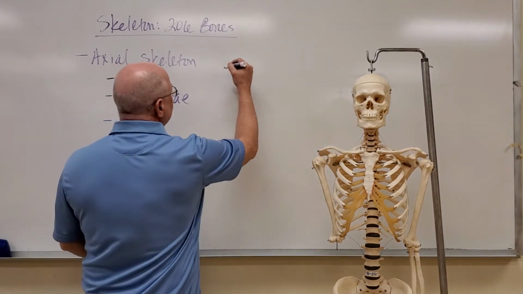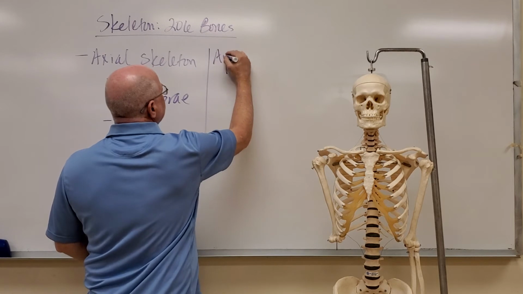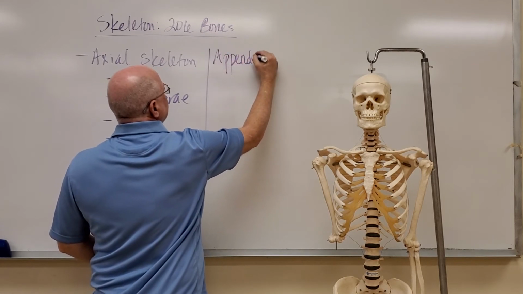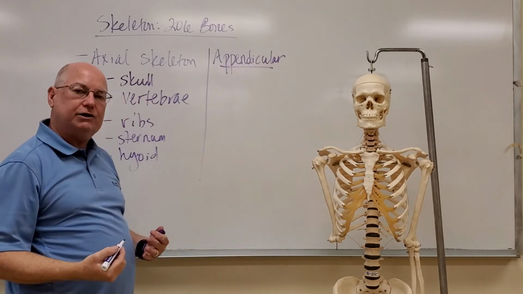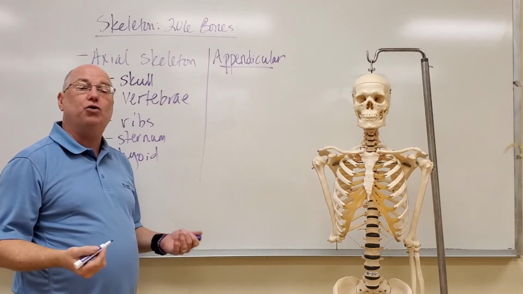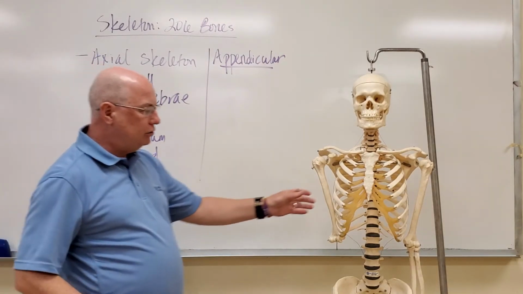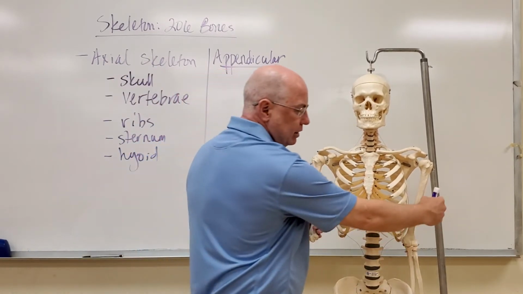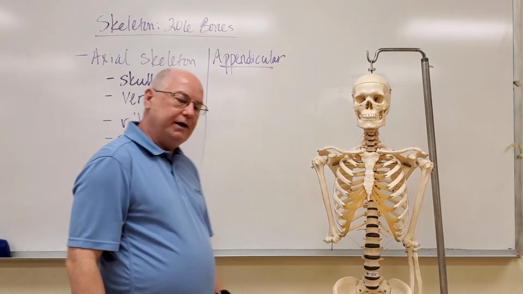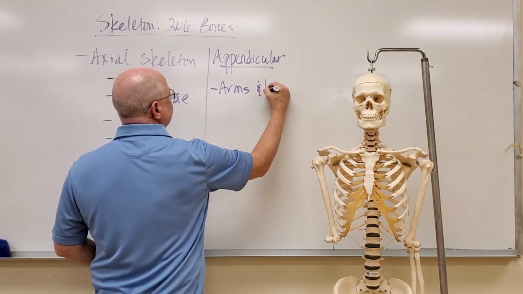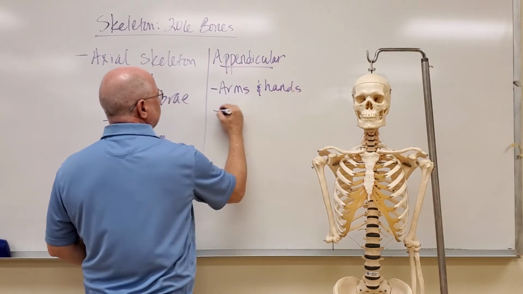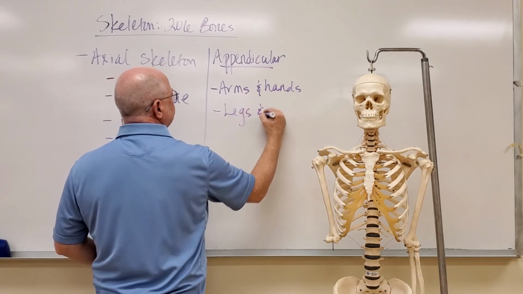Everything else is referred to as the appendicular skeleton. The appendicular skeleton gets its name from the word appendix, which means an add-on or an appendage. And it includes our 4 appendages or limbs, the 2 arms and the 2 legs. So it includes arms and hands, the legs and feet.